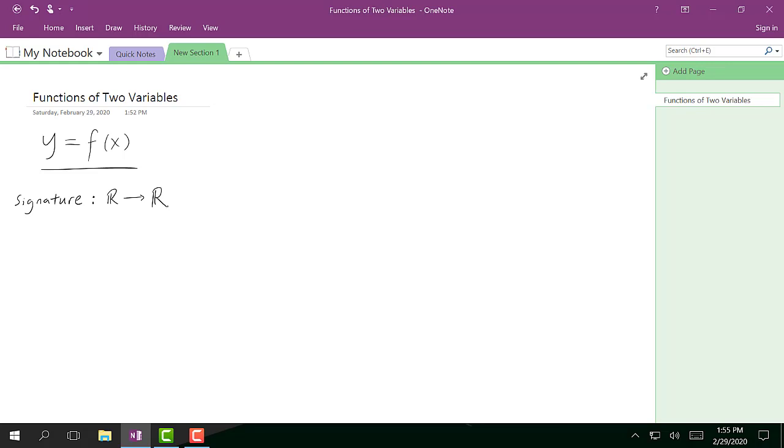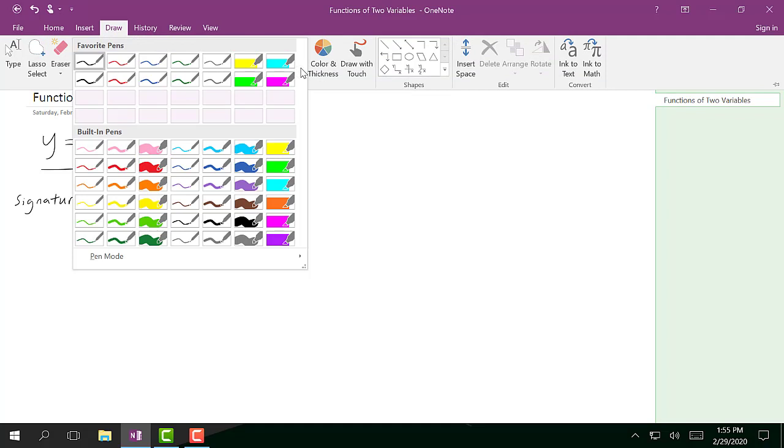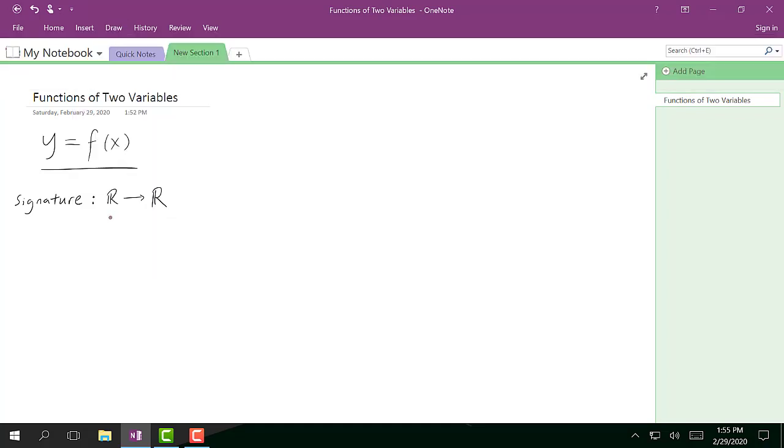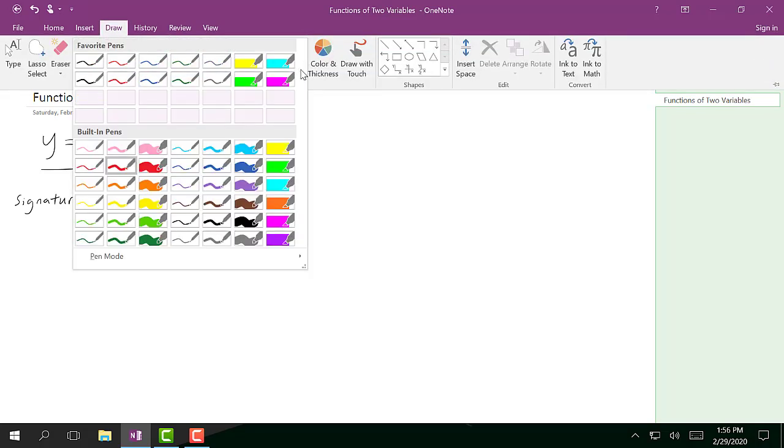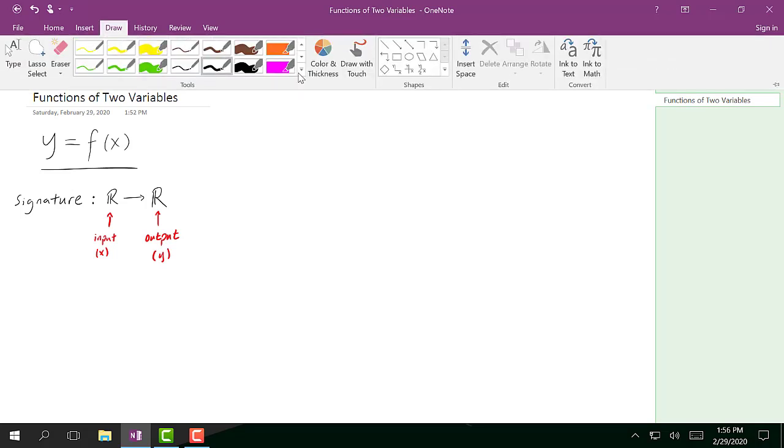So what this means is that your input is a real number, x in this case, and then your output is also going to be some real number, in this case y. We can use different variable names, but this x and y is going to be a good way for us to capture what's going on.